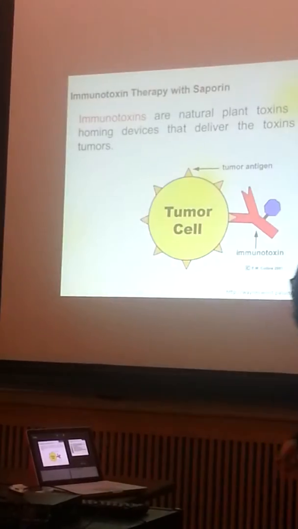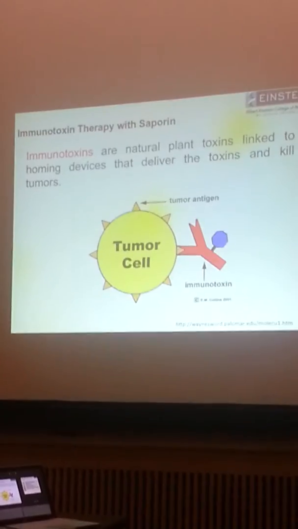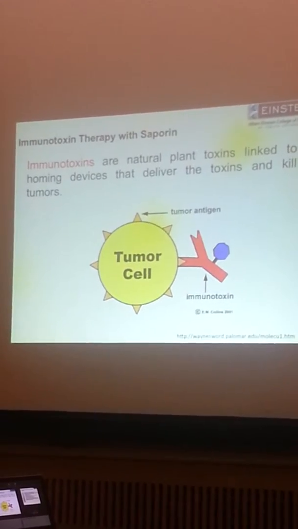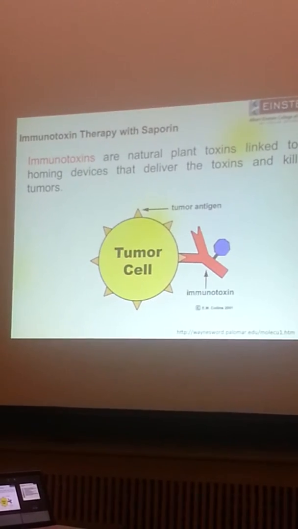Type 1 and the A chain of type 2 are used to prepare immunotoxins by linking to an antibody that can recognize an antigen of the tumor cell.